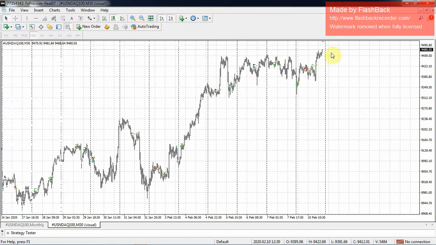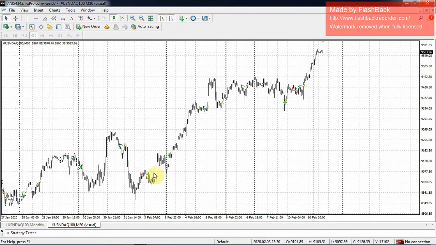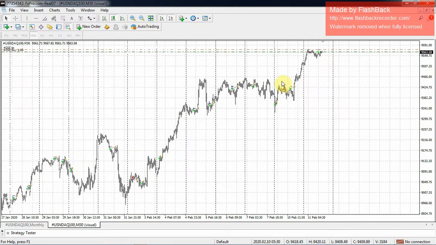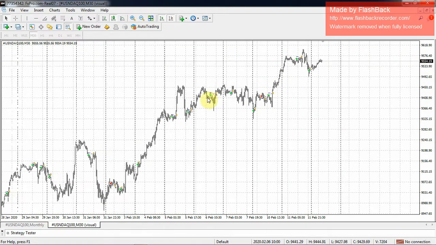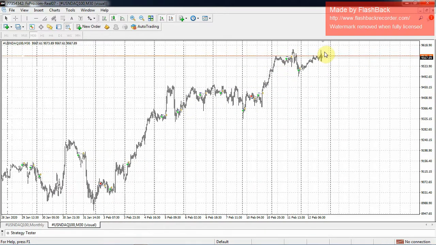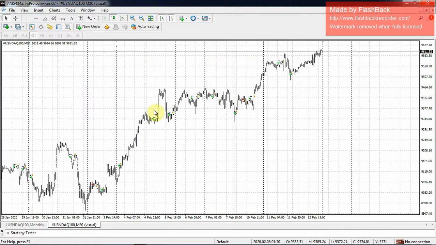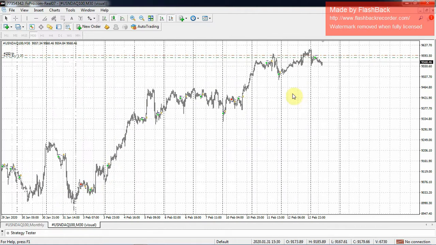Okay, so many trades, as you can see, we're in an uptrend. We have got a lot of trades. We're now in February 2020. This was just before the coronavirus news affected the markets.